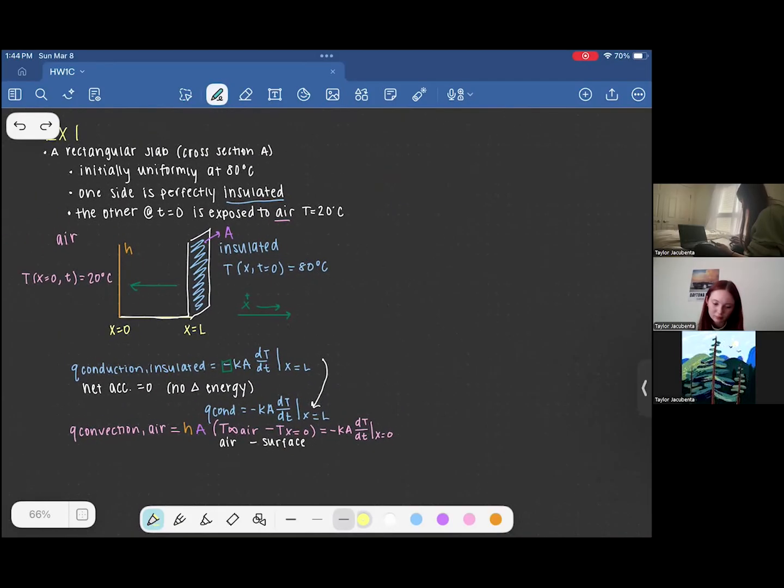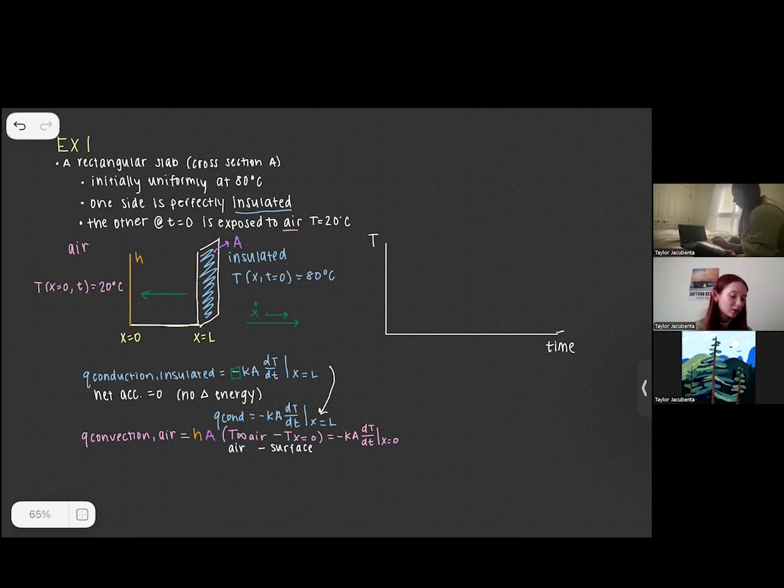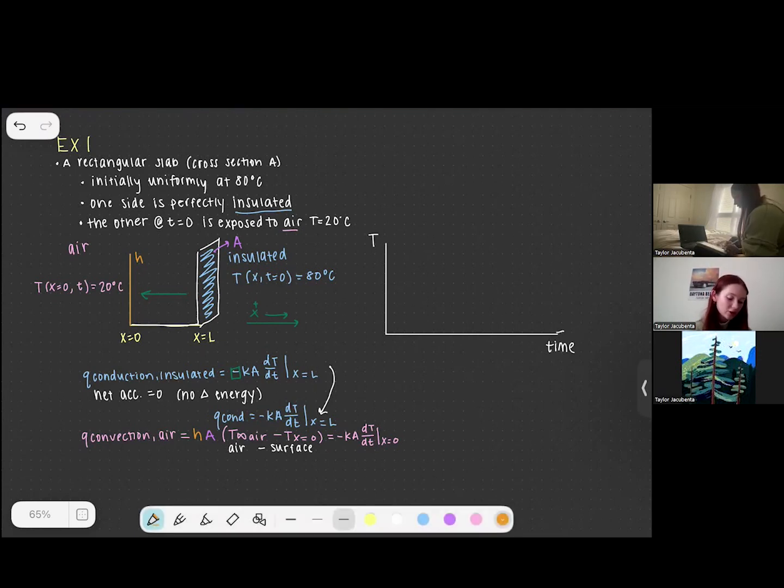So now we are going to draw this out on our curves. We have our graph of temperature versus position on the x-axis, and we split these into several sections to show each of our regions.